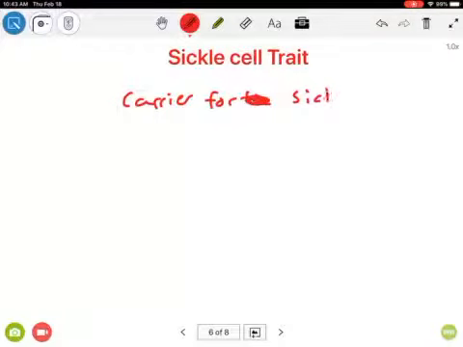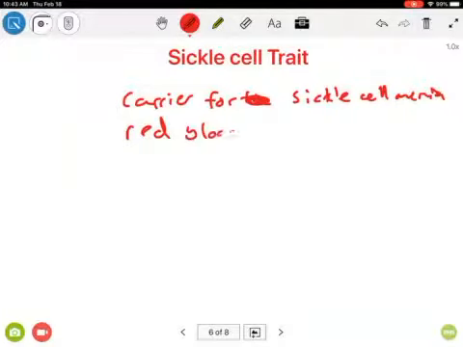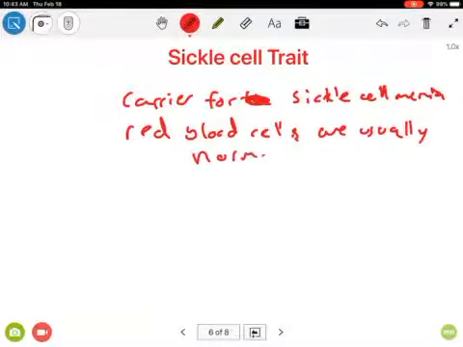Your red blood cells are usually normal. Once again, I apologize for the writing.